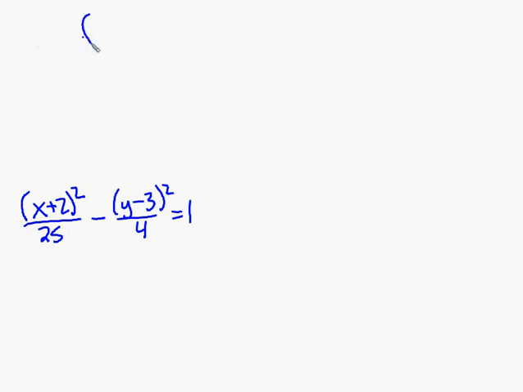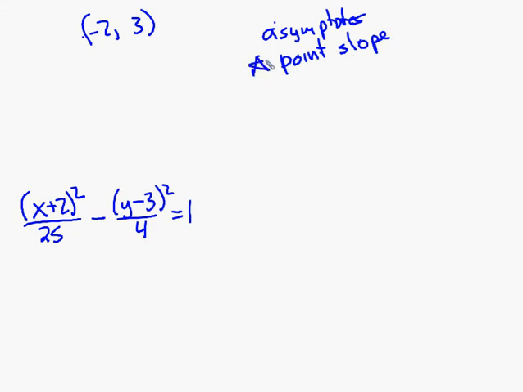Alright, so our center once again was negative 2, 3. We have answered where the vertices are. Now we're going to answer, well, what about the asymptotes? The easiest way to do the asymptotes is with point-slope form. That is by far the easiest way.